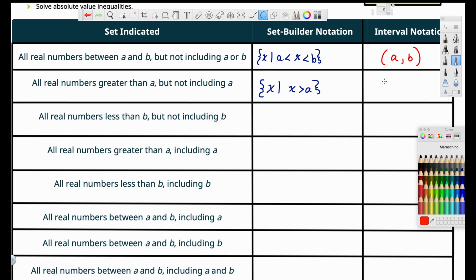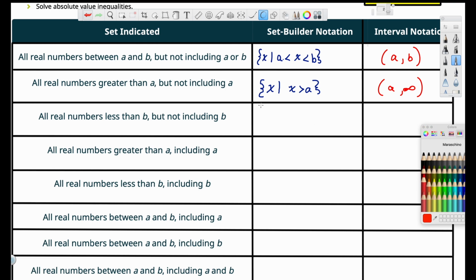So the way we can say this is that starting at a, if it's greater than a, that means it's going to go to infinity. Whenever we use infinity, we always have a parentheses here, and it's not going to be a square bracket, just a curved one.